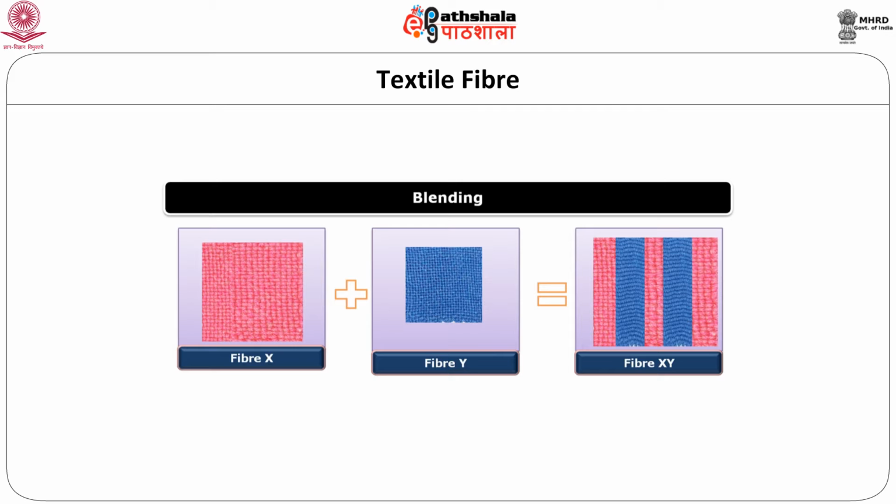Fibers mixed in the spinning process is called blending, or different varieties of yarns combined in the weaving process is called mixing. The fabrics are termed as blended and union fabrics respectively. For example, polyester cotton and silk cotton.